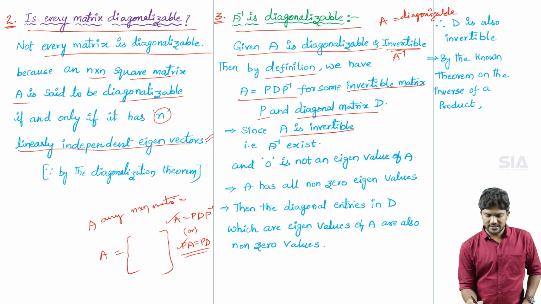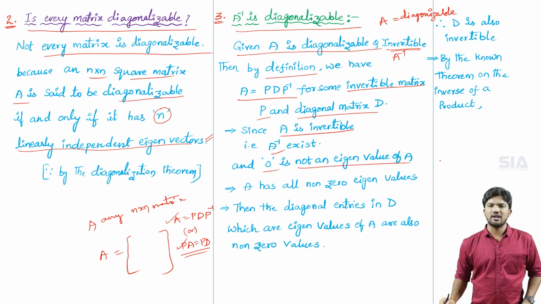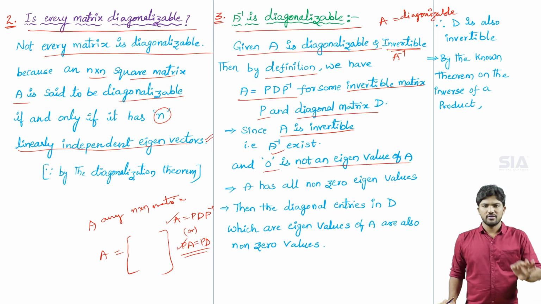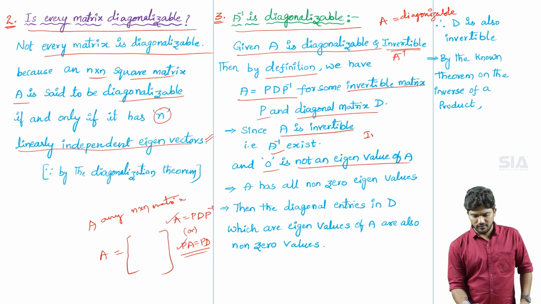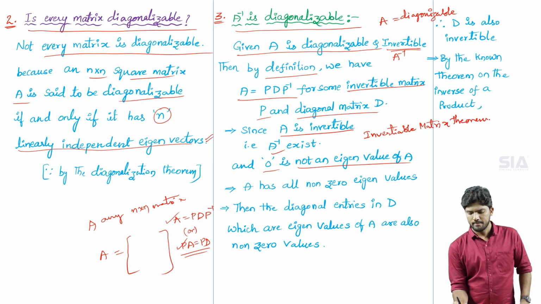Since capital A is invertible, A inverse exists and 0 is not an eigenvalue of capital A, from the invertible matrix theorem.